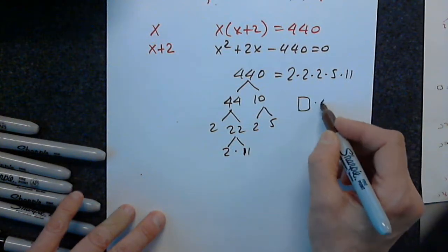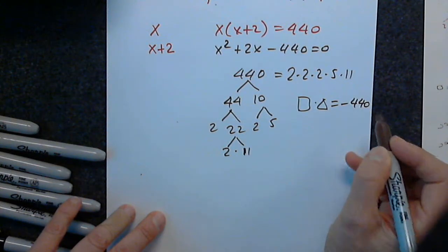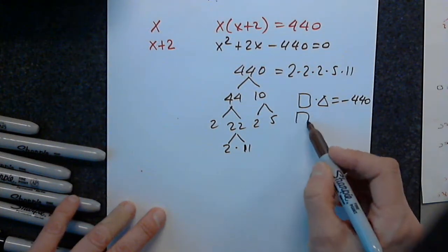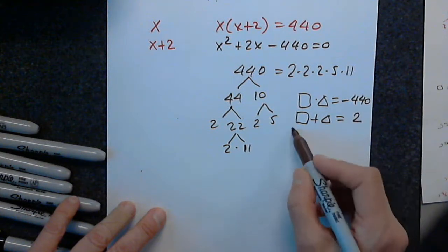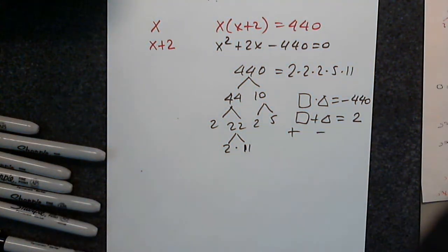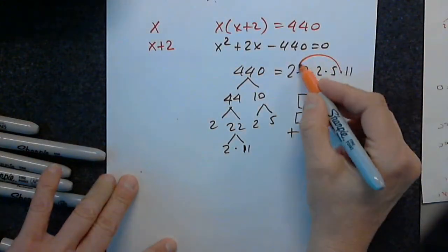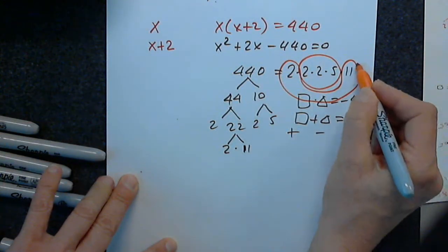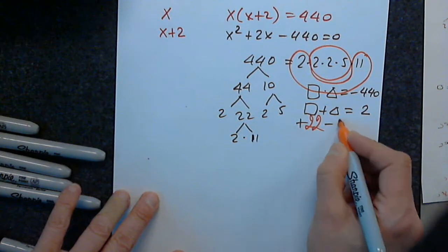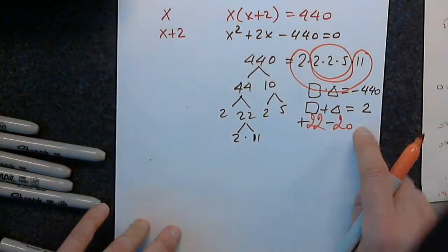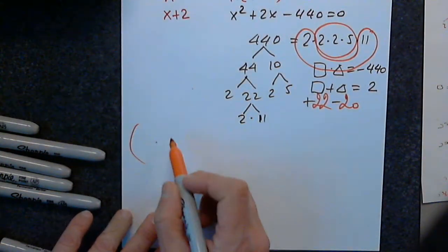So I need two numbers whose product is negative 440, which means one positive and one negative, and whose sum is positive 2. Okay, so we have here 20 and 22. Very good, awesome. So 20 and 22, and the 20 will be negative because the sum is 2. So then how will you factor?